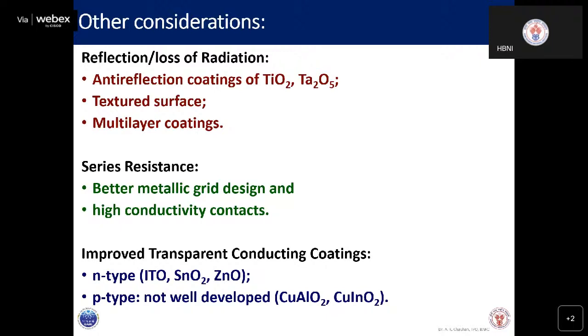Then, in order to make better transport, the series resistance of the solar cell can be optimized by using better metallic grid design, and also very high conductivity contacts, of course ohmic contacts. Then transparent conducting coatings are also important for N-type: ITO, tin oxide, zinc oxide. These are usually for organic solar cells. These things are more important, so TCO coatings are also important.